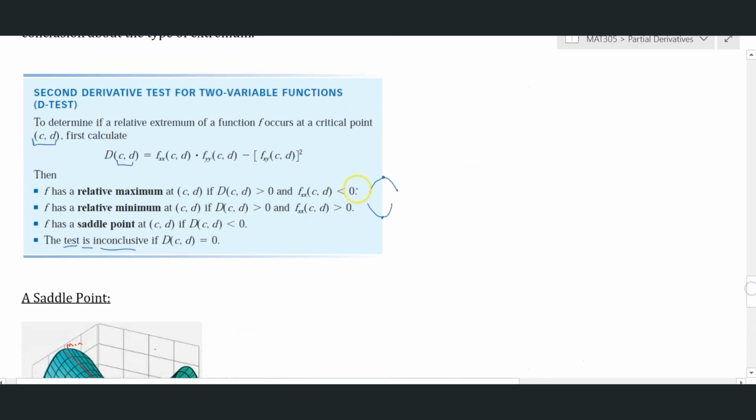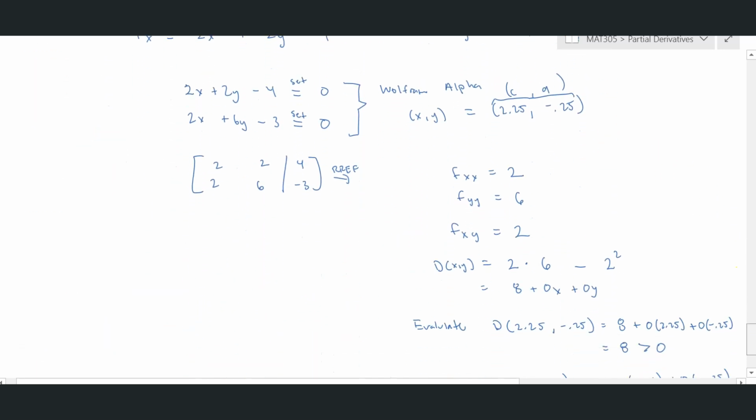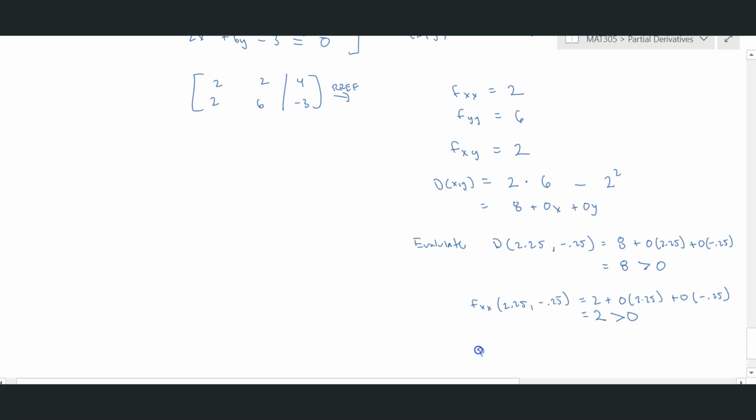And if the D value and the pure partial with respect to x are bigger than 0, we have a relative minimum at (x, y) equals 2.25, comma, negative 0.25.